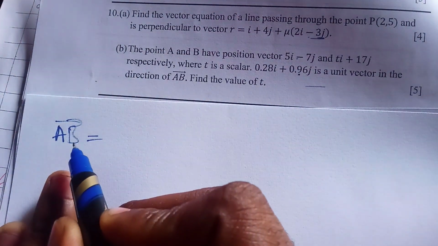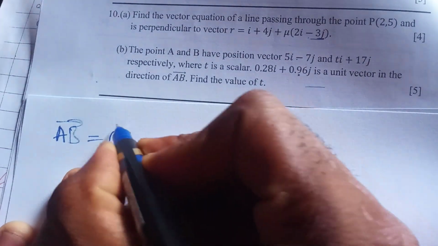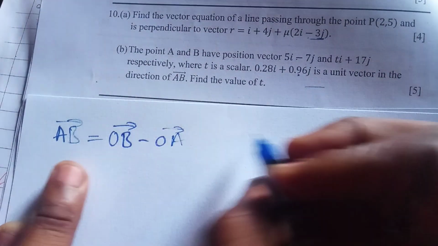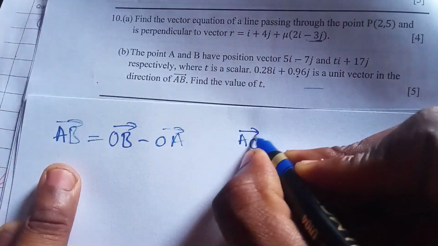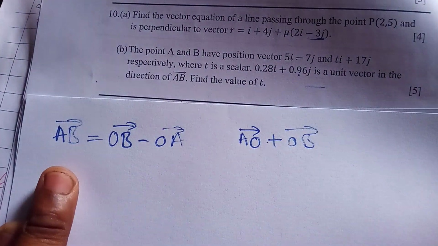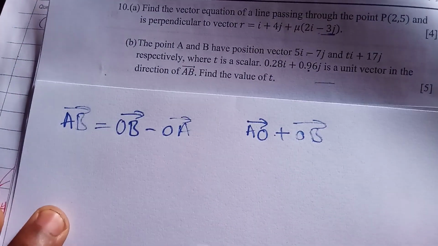So now to find AB, you can use this. This would be OB minus OA. You can also say AO plus OB, but I prefer using this one. The answers will still be the same in both cases.